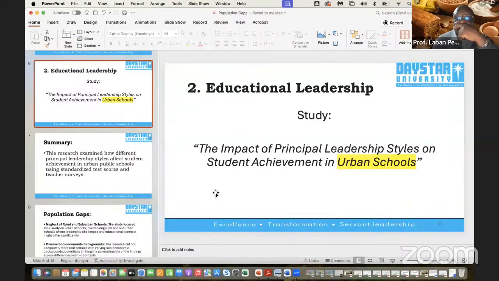Assuming that this research has been conducted in Kenya, maybe in Nairobi, and there is a quest to conduct the same research in Tanzania, how do you differentiate between the two? Is it still a population gap, or when this is being done in Tanzania, can it be looked at somehow as a geographical gap? Thank you.